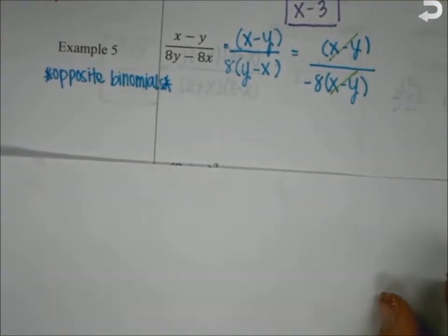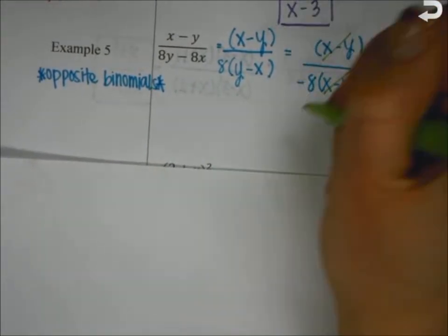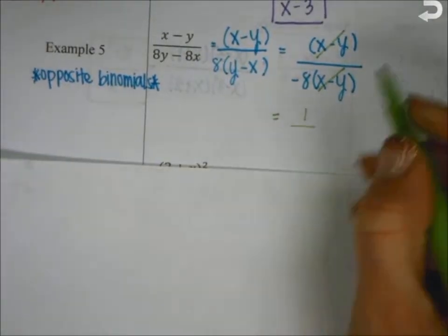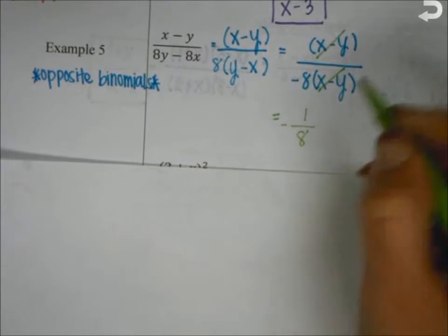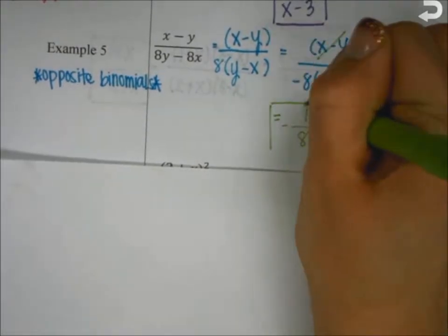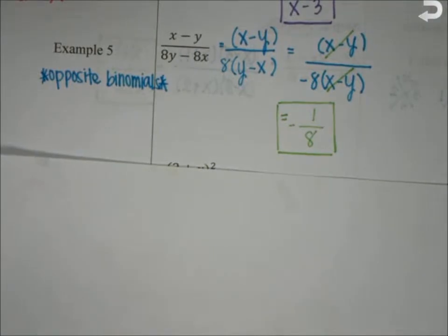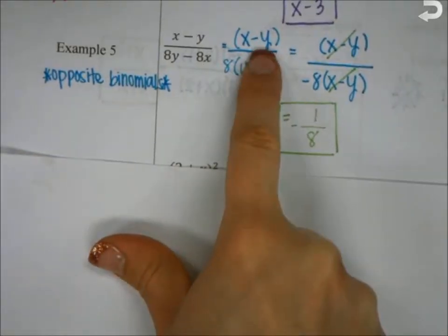Or we can put the negative on the outside. You can put the negative attached to the 1. It does not matter. Okay, so we also need to pay attention to opposite binomials. This will work every single time, because in subtraction, the order of things does matter. So let's look at an addition one.